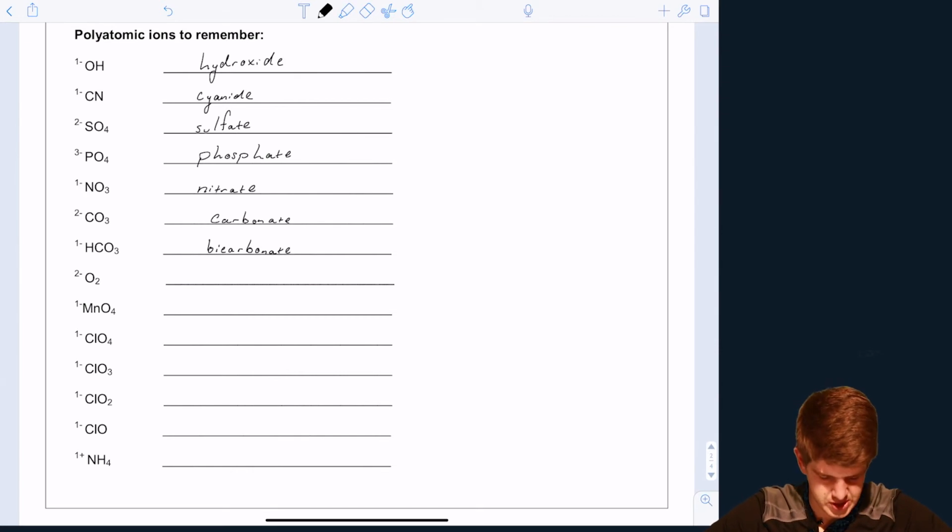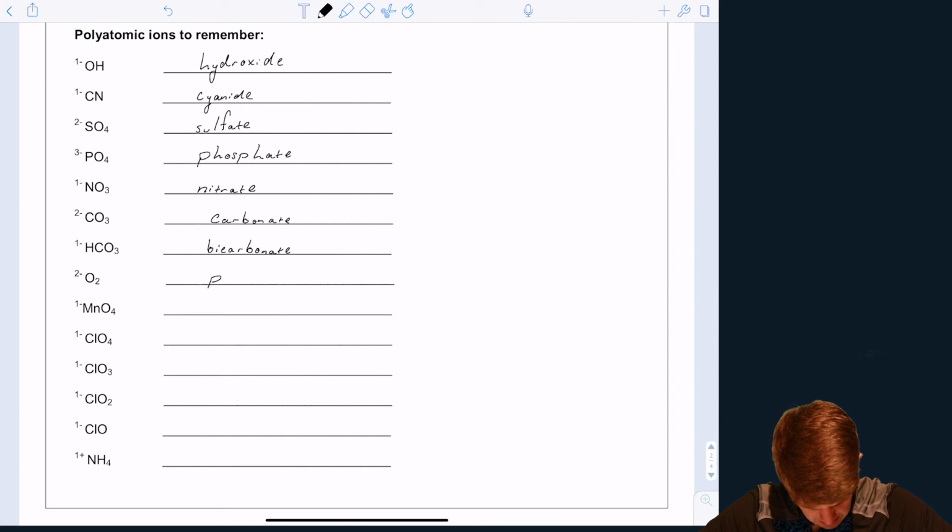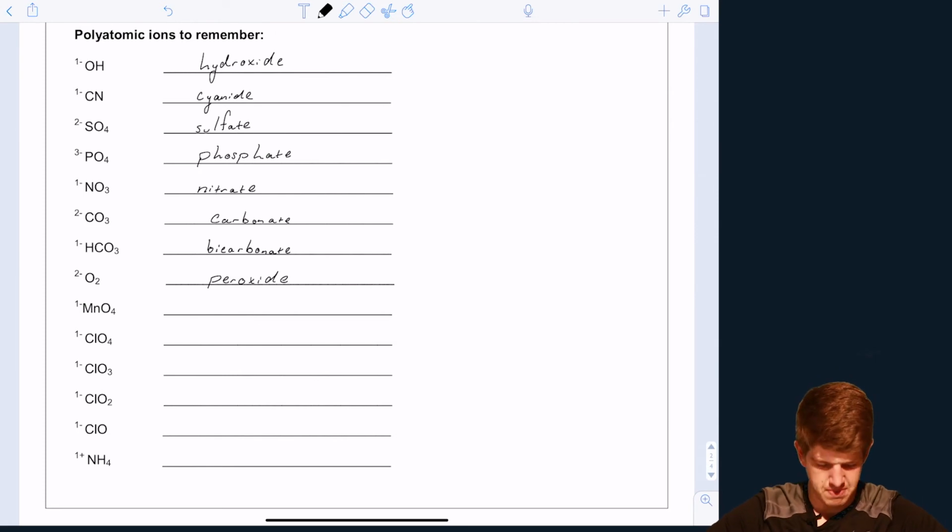It's also one of the ways we transport carbon dioxide in the blood. O2, if you know hydrogen peroxide, that's H2O2, so it's just O2 with a 2-. MnO4, permanganate.